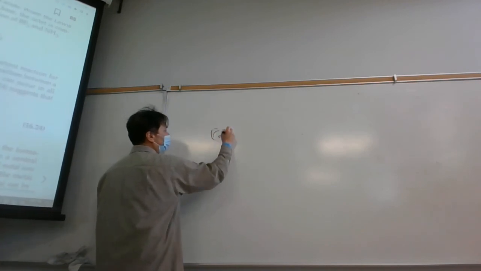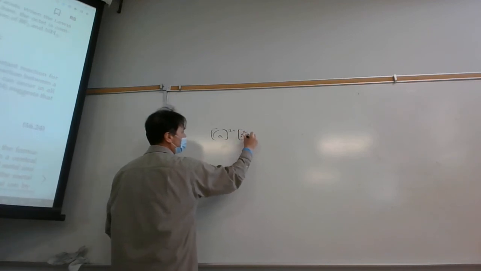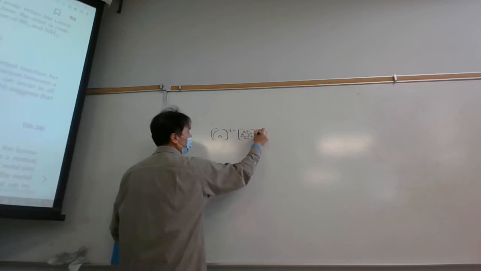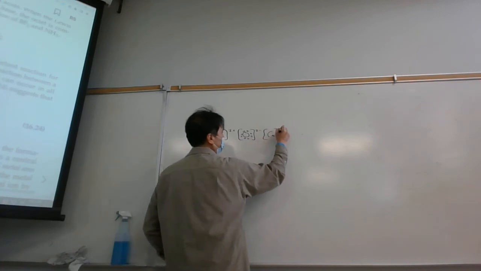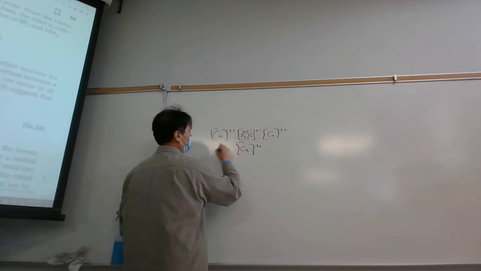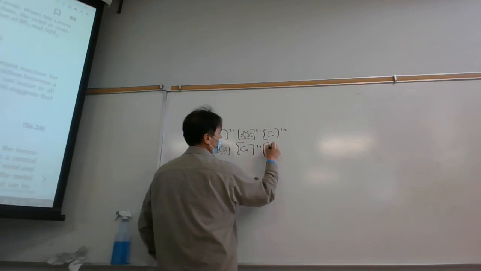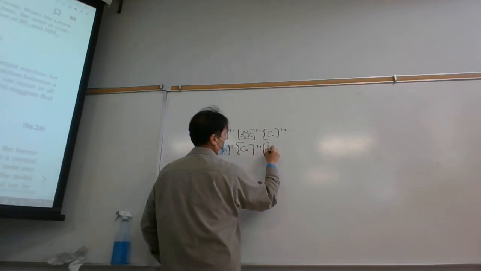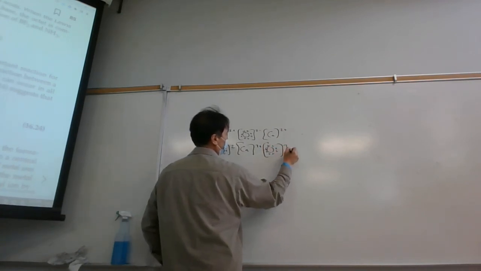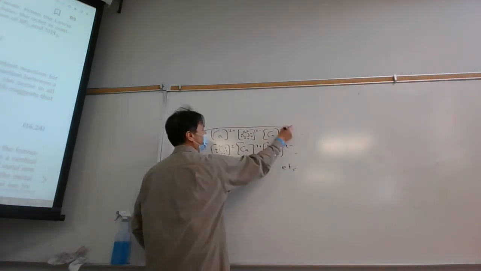We'll draw out the Lewis structure of calcium oxide, which is just going to have a lattice of ions, like so, etc. This goes on. Let's call this the surface here.